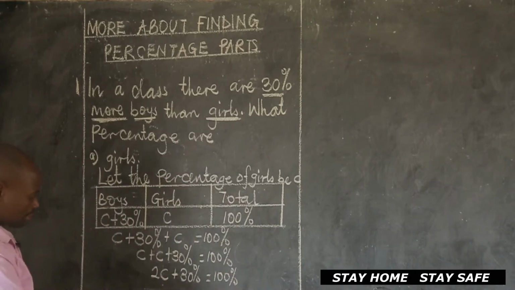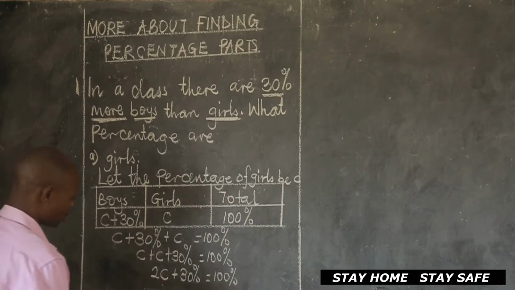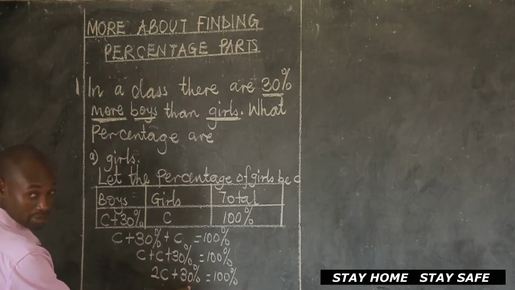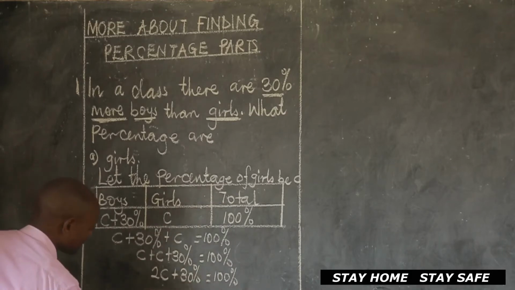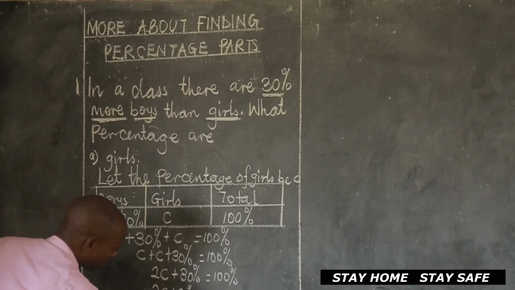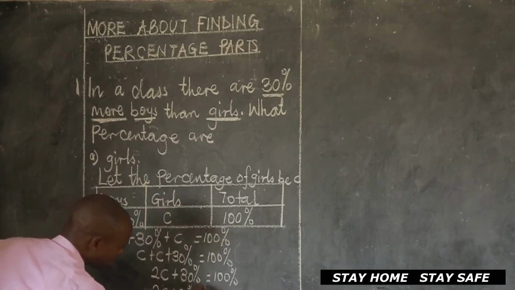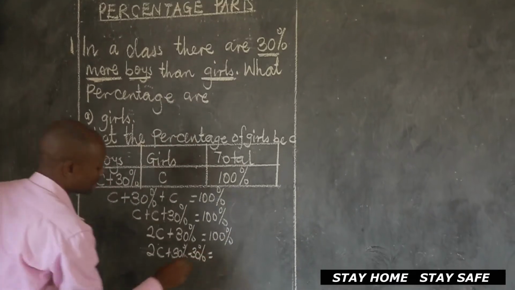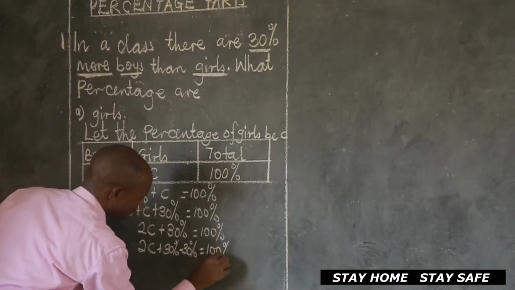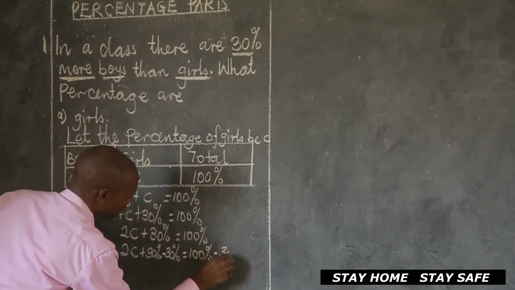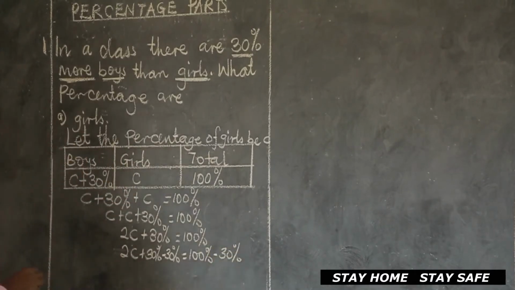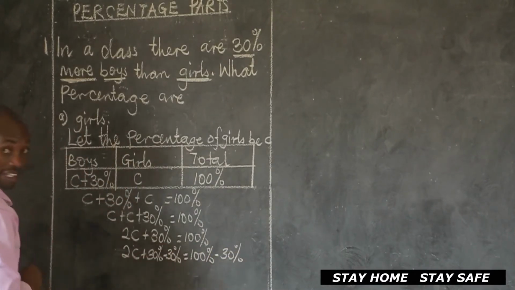Do you remember how to solve such equations? We are going to eliminate 30 by subtracting it from both sides. So we have 2C plus 30% minus 30% in order to get 100% minus the 30%.